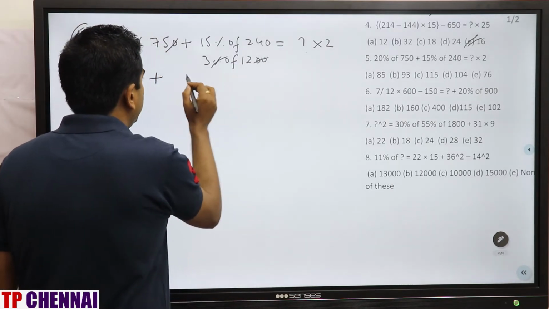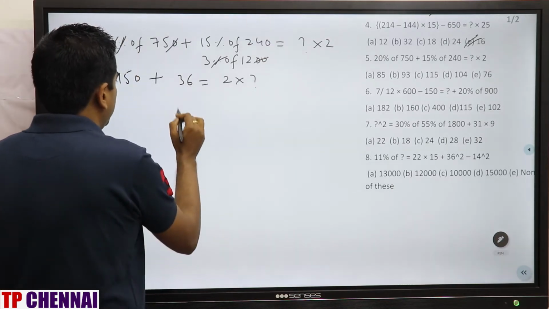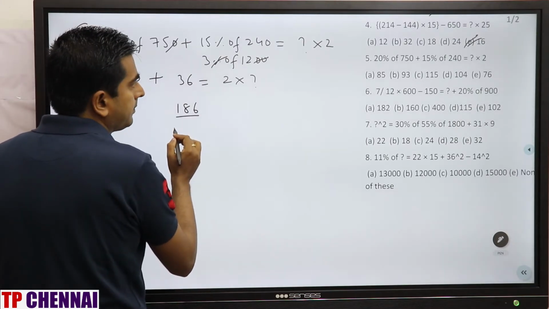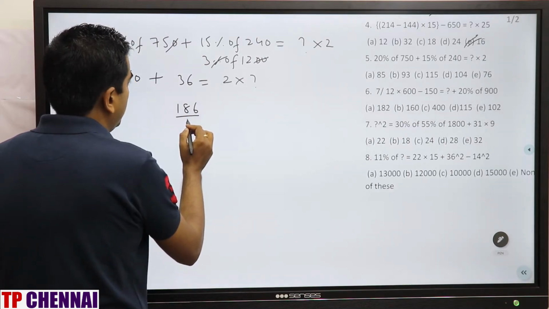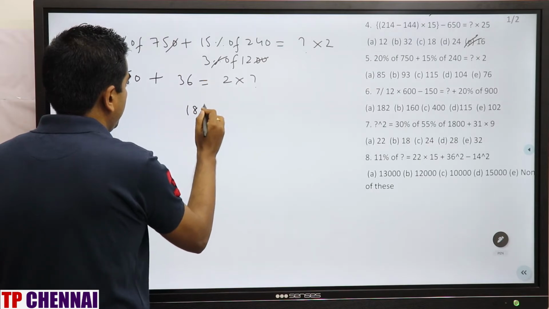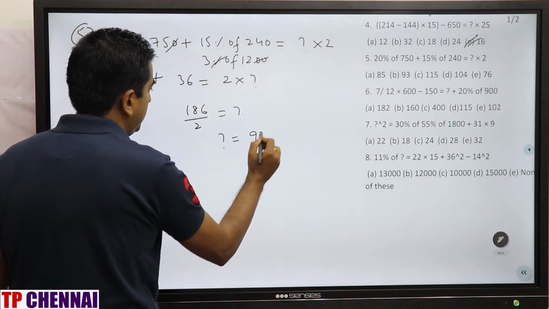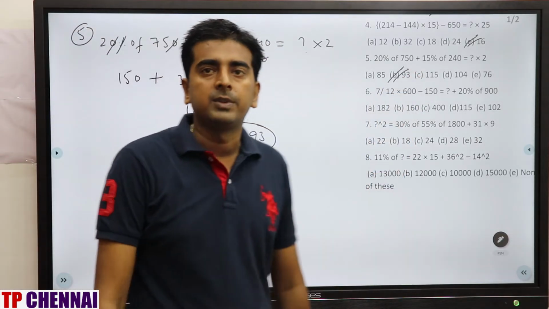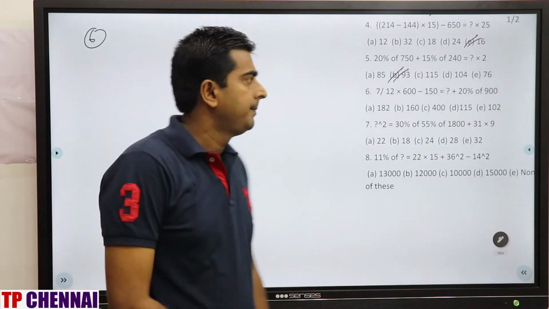Double zero percent will go, this is 36. So 186 is equal to 2 into question mark. 186 by 2, question mark is equal to 93. 93 is the correct answer, which is nothing but the second option. Clear?